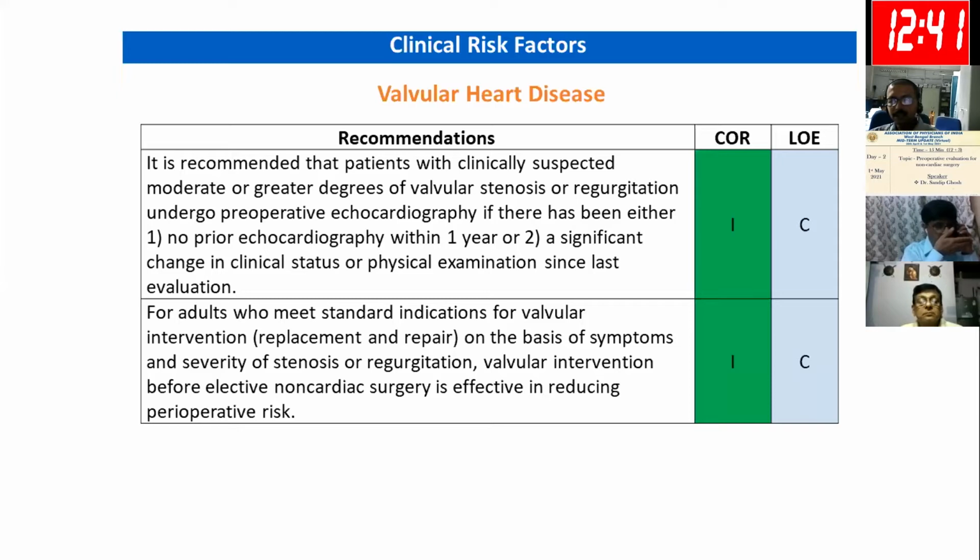A good clinical examination will also help us in assessing the risk, and that includes looking for raised JVP, bibasal rales, S3 gallop, or pedal edema.